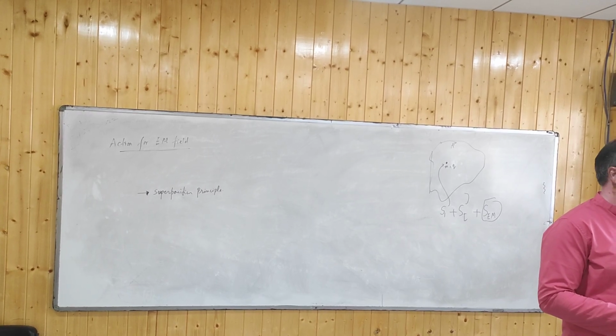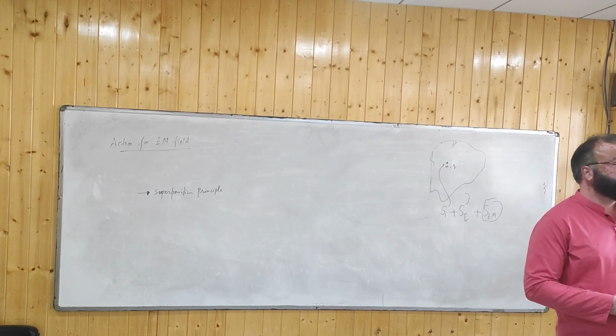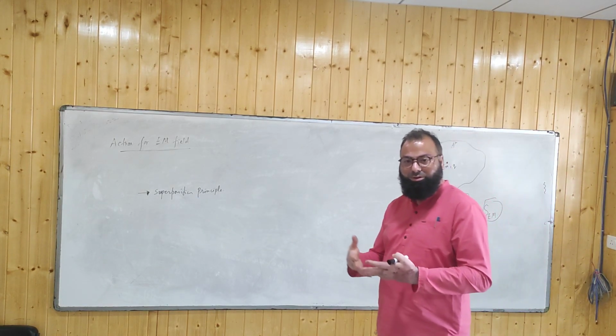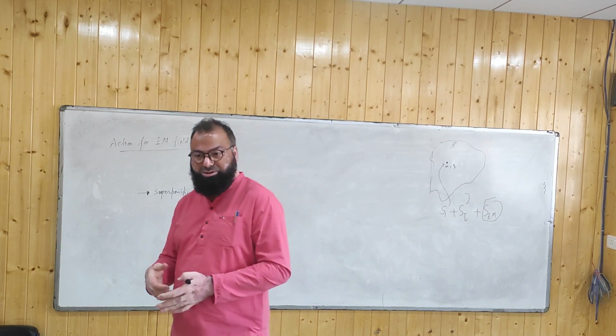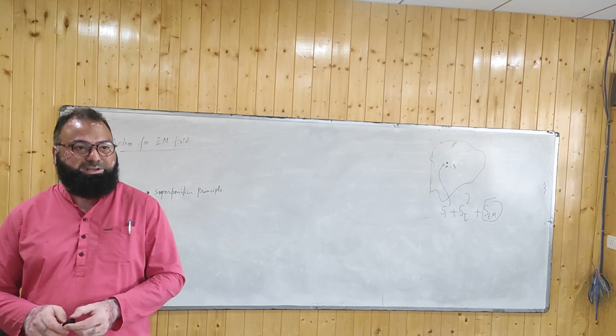Any idea? That means if you have an equation of motion at hand for, let's say, an electromagnetic field, you consider one solution. If it admits many possible solutions, the linear sum of all these solutions is again a solution to that very wave equation. That is the superposition principle.